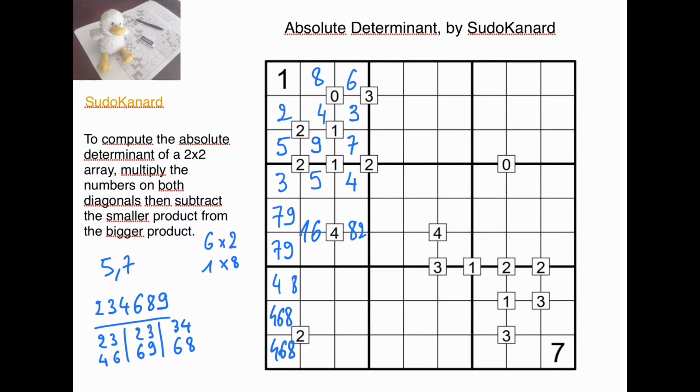So this can't be a 6, and we must have a 6 in one of those cells. Those digits now must be 2, 3, and 7. Well, this one can't be 7 actually because of the given digits in the grid.